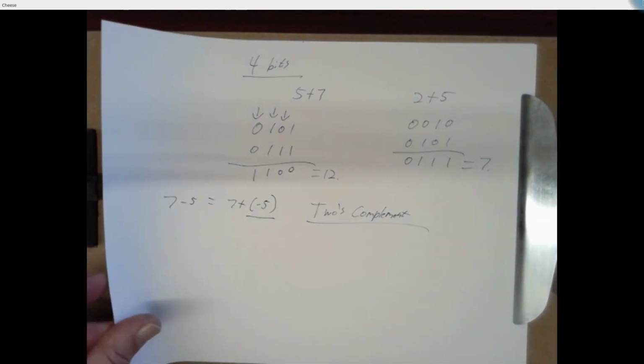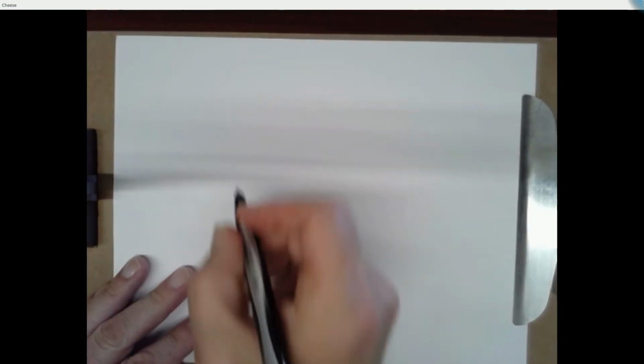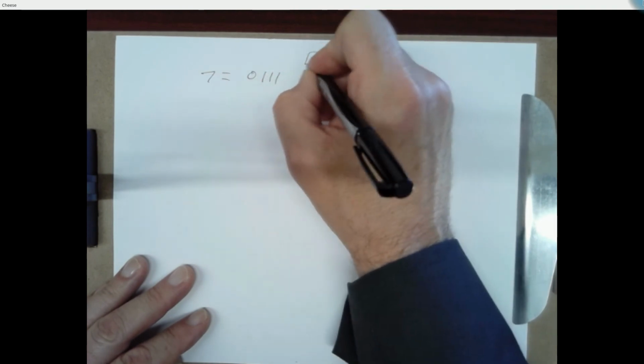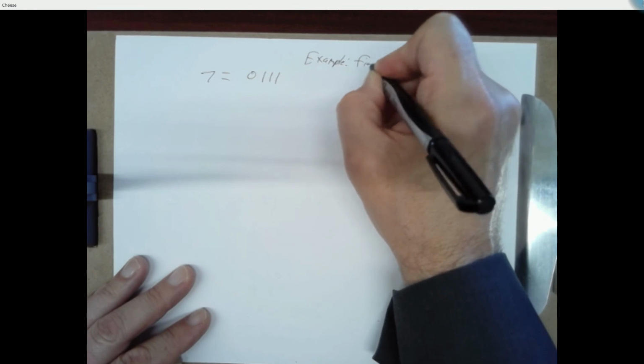Let me give you a procedure for finding the 2's complement of a number, and we can talk more later about why this works. Here's an example. Find -7. The first thing you do is write down +7.